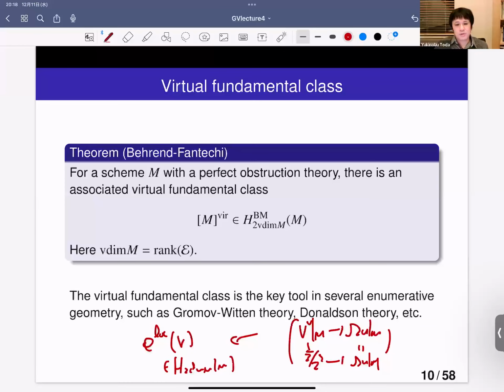But the point of this virtual class is that it was produced before derived algebraic geometry developed so much. Roughly speaking, the perfect obstruction theory corresponds to the tangent space of the derived moduli space. So in order to get a partial fundamental class, it is enough to consider the tangent of the derived moduli space.